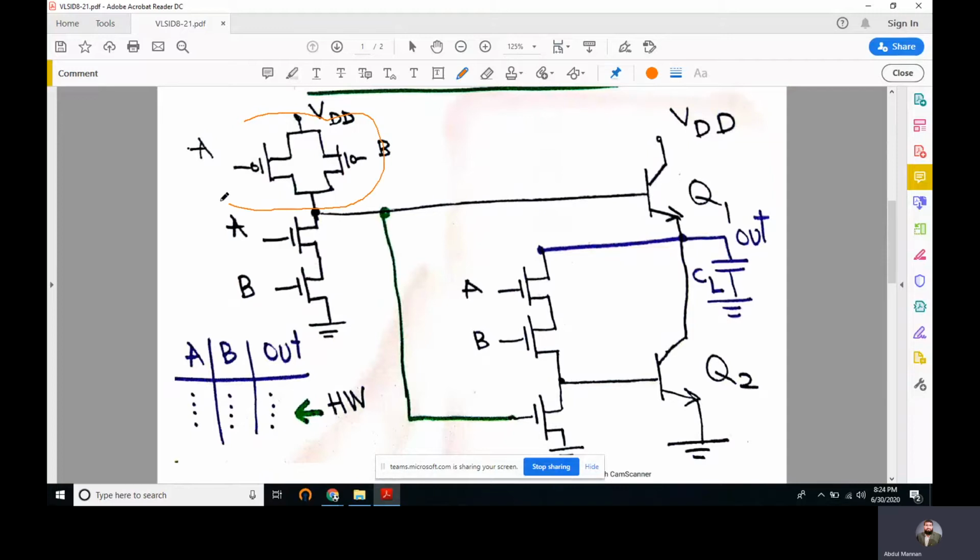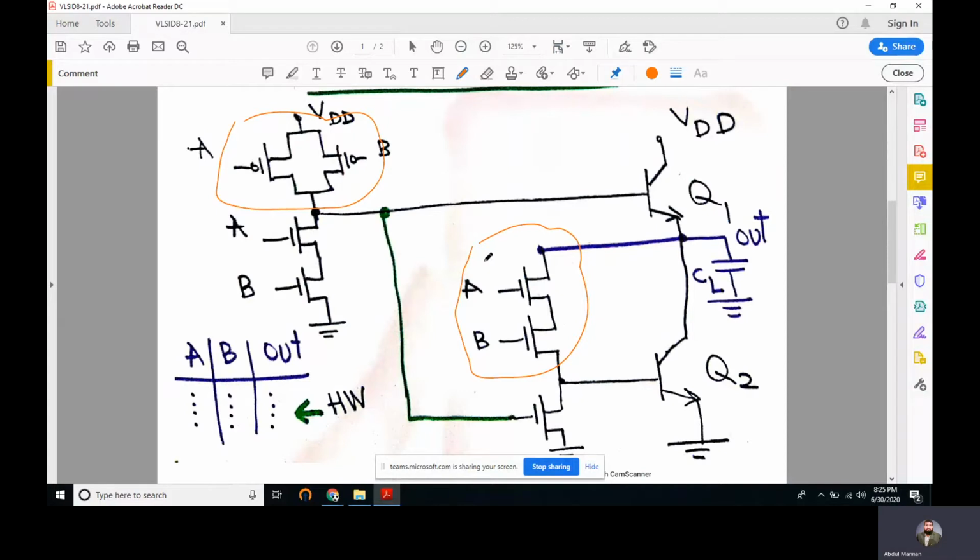This is the regular PMOS array of a NAND 2, and then we draw its regular NMOS array here, whereas the output from the PMOS is used to drive Q1 and the output from NMOS is connected to the output.